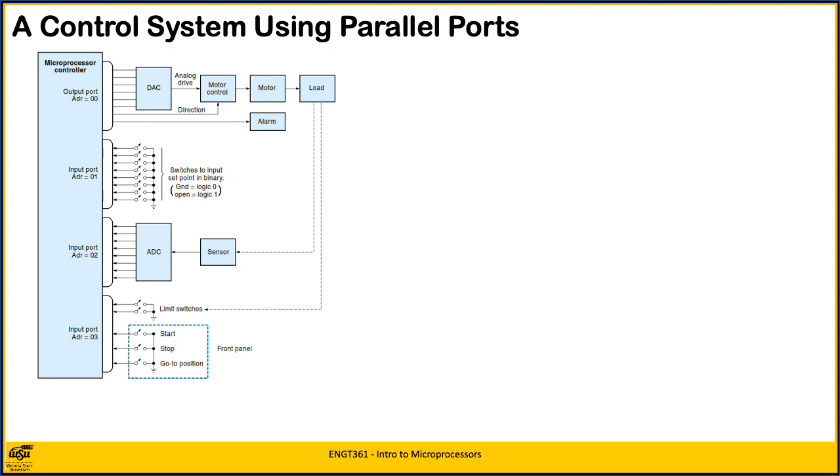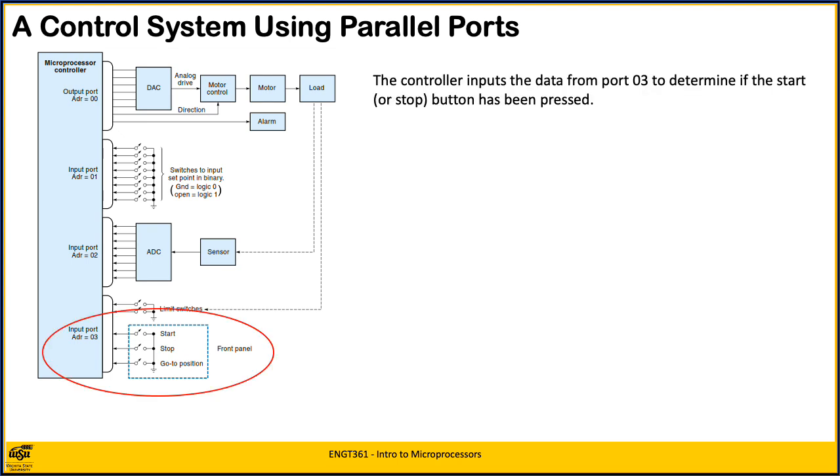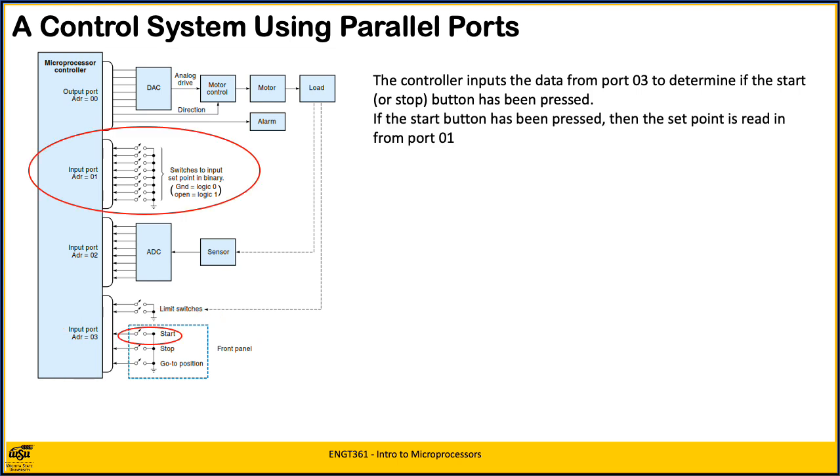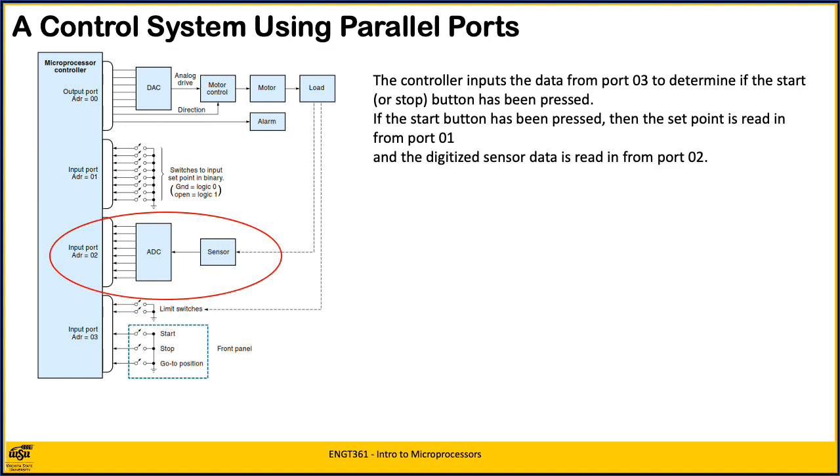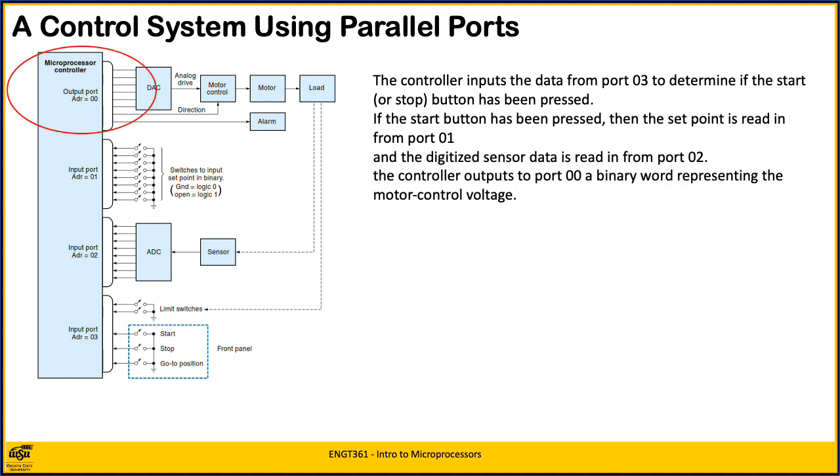Operation of the system proceeds as follows. The controller inputs the data from port 03 to determine if the start or stop button has been pressed. If the start button has been pressed, then the set point is read in from port 01, and the digitized sensor data is read in from port 02.